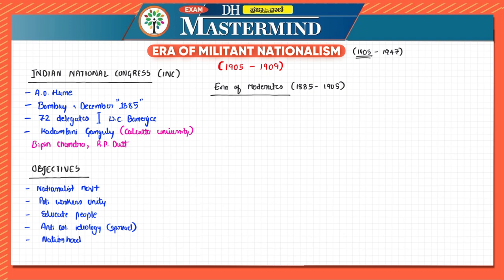Now, who are the important leaders of the moderates? So it was W.C. Banerjee, and then S.N. Banerjee. Then the next one is D.E. Wacha.